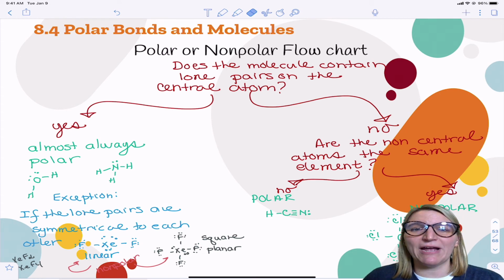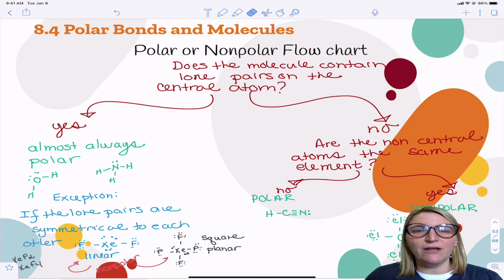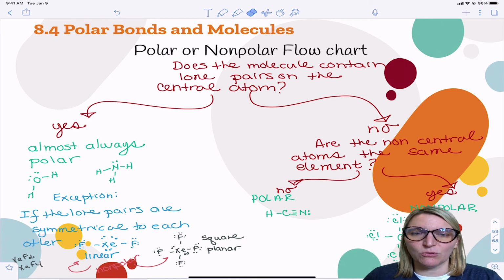The first question you ask yourself is, are there lone pairs on the central atom? 99% of molecules with lone pairs on the central atom are polar. So you go all the way to yes, there are lone pairs on the central atom. It's almost always polar. You can see the examples there are water and ammonia, H2O and NH3.